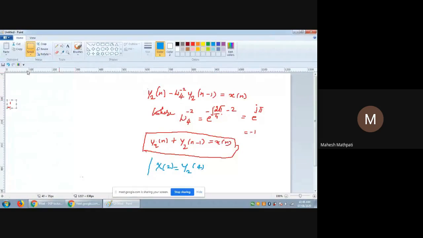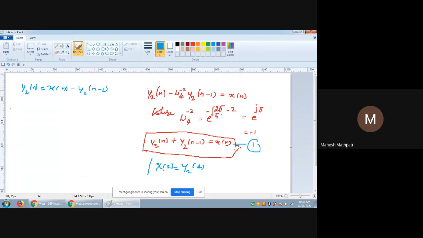So let us call this equation 1. This equation 1 can be written as y2 of n is equal to x of n minus y2 of n minus 1.